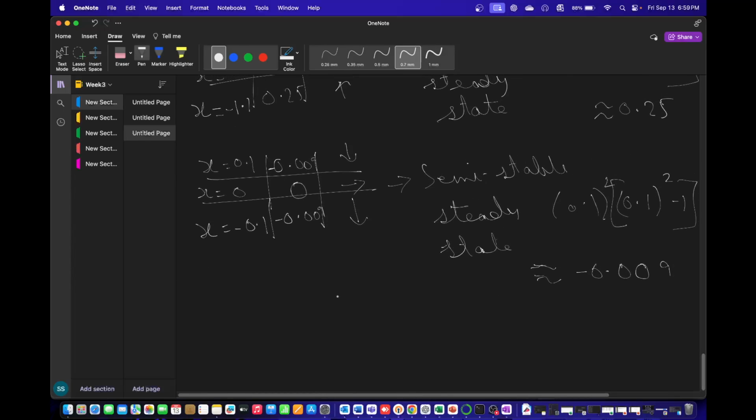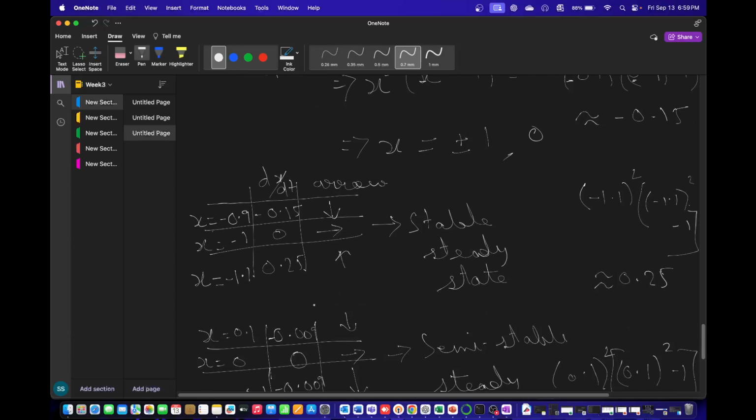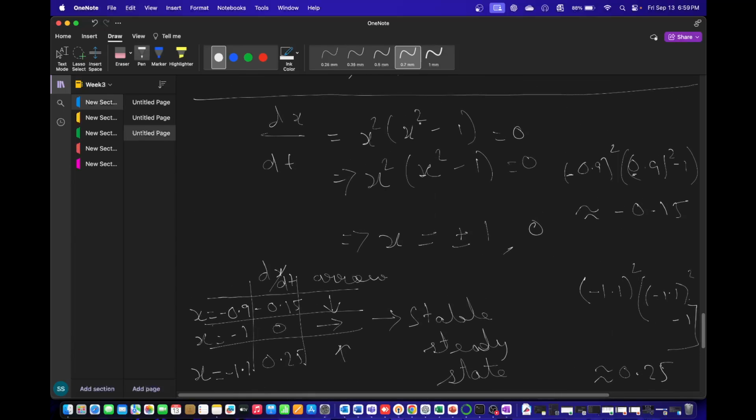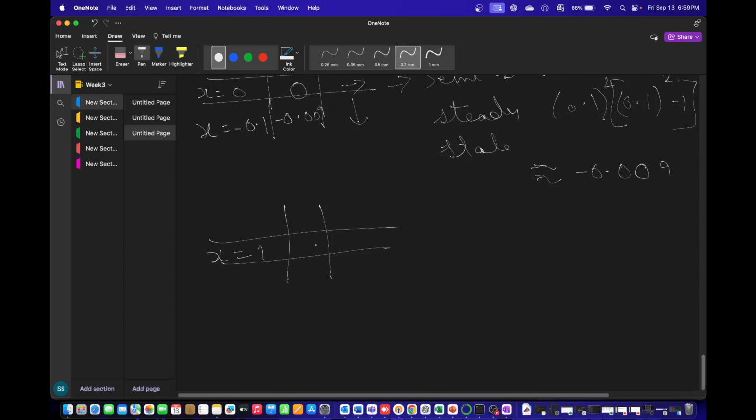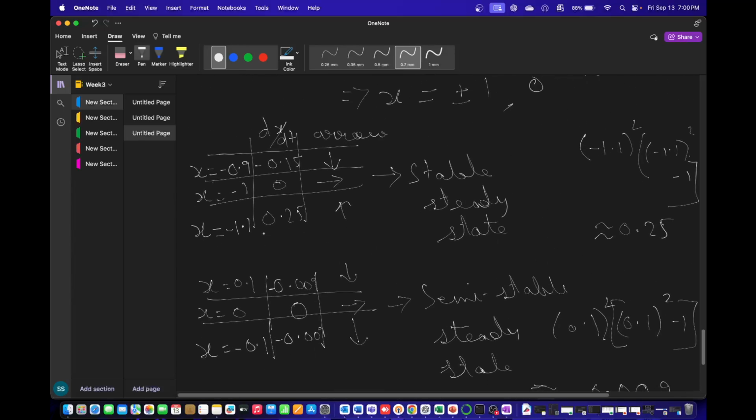Now you do the same for x equal to plus 1. At x equal to 1, the value of this is basically 0, because 1 minus 1 is 0. Now you take a value slightly higher than 1, x equal to 1.1. We have already calculated x equal to 1.1.